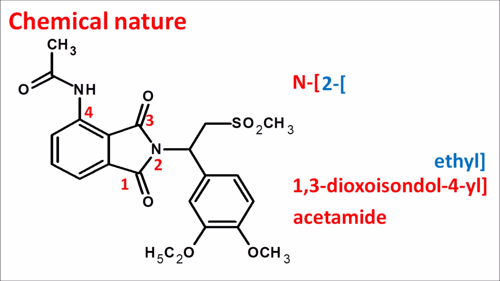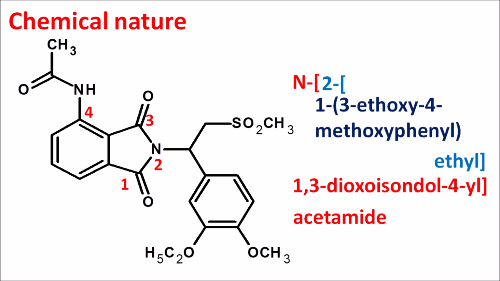But this phenyl has a methoxy group at the 4th position and an ethoxy group at the 3rd position. So we can write this as 1-(3-ethoxy-4-methoxyphenyl). And similarly, at the 2nd position of this ethyl chain, a methyl sulfonyl group is present. So 2-methylsulfonyl. That is the complete name of Apremilast.